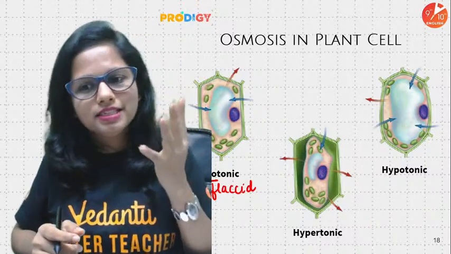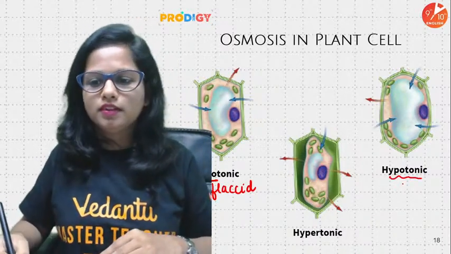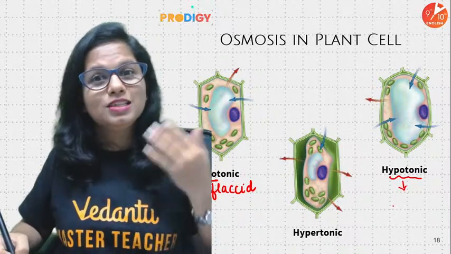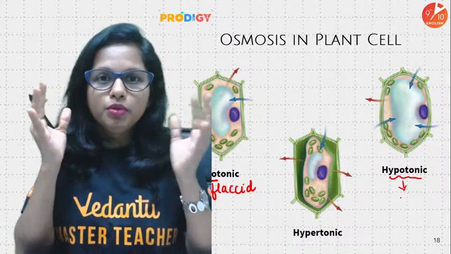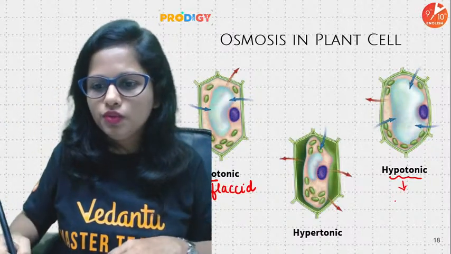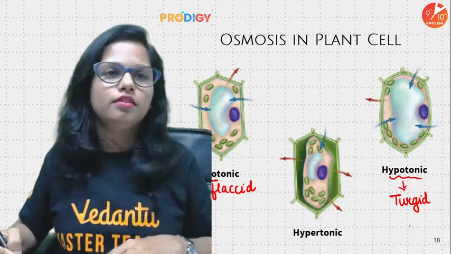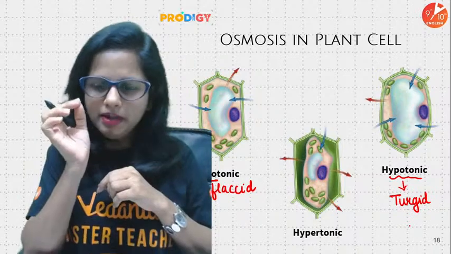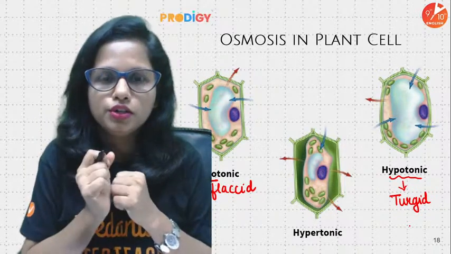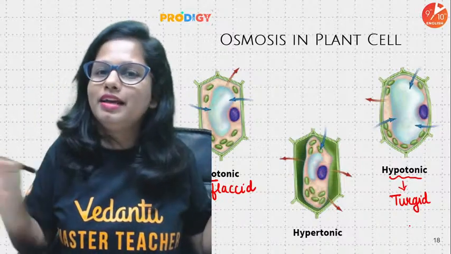Then, point number 2. When a plant cell is placed in a hypotonic solution, it will swell a little and become stiff because there is too much water inside. So we say the plant cell becomes turgid. It won't burst like an animal cell.